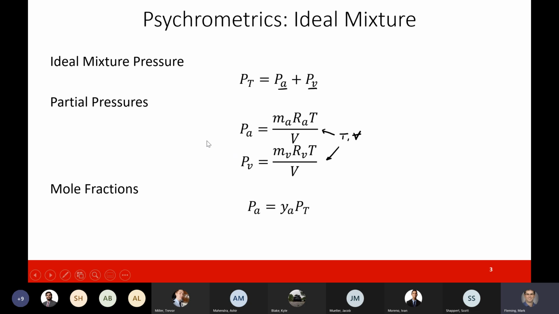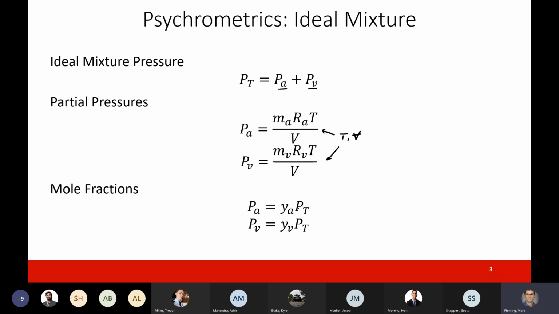So in terms of our mole fractions, we'll have the partial pressure of the air. That'll be the mole fraction of air times the total pressure of the mixture. And we can repeat this for the vapor. So once we know the mole fraction of the vapor, and we have our total pressure, we could get the partial pressure of vapor. Generally, for most engineering applications, total pressure is going to be like our atmospheric pressure, so about 1 atmosphere.